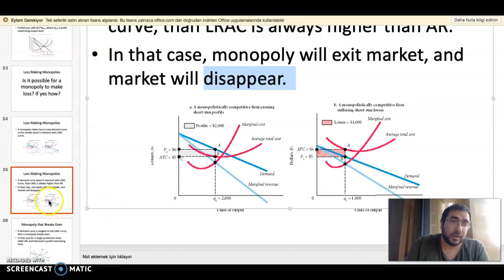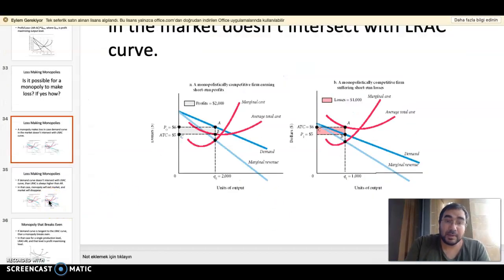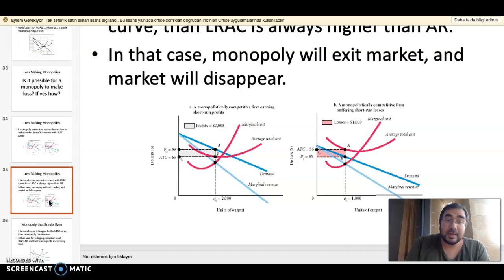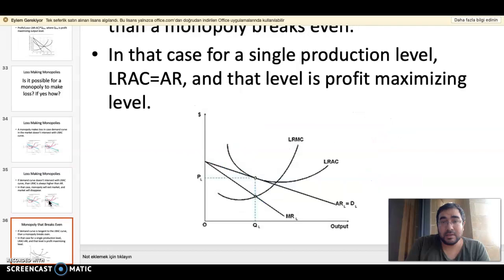So let's continue. Is it possible for our company to break even, which means not making any loss, but also not making any profit at the profit maximizing quantity? It's possible.